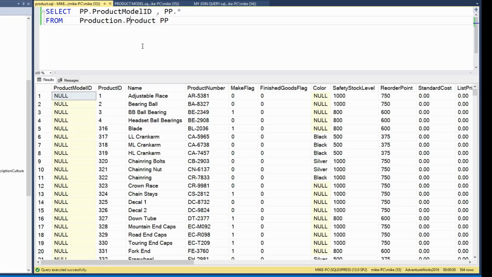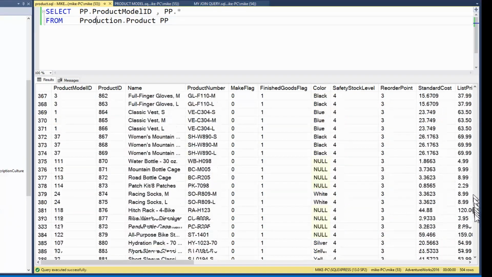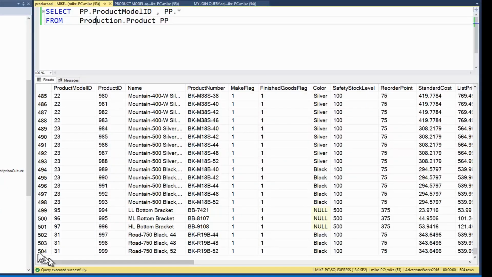So let's see an inner join in action by querying our actual database. So I've got 3 query windows open. The first one selects everything from product, and I've taken the liberty of putting the foreign key product model ID in the leftmost column so we can see it. And if we scroll right down the bottom, based on the row tag there in the window, there's 504 rows altogether.